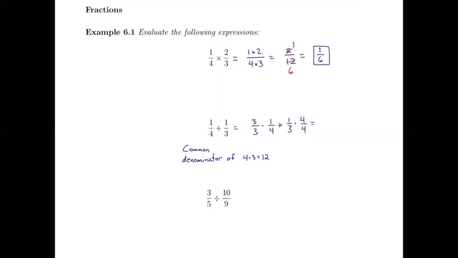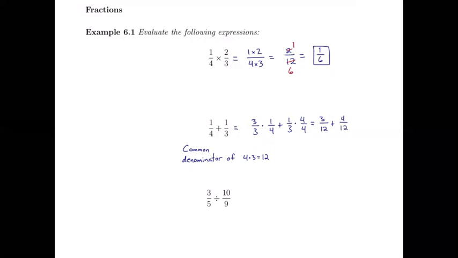So multiplying each of these fractions, numerator times numerator, denominator times denominator for all 4 of these positions, we have 3 times 1 over 3 times 4 is 12, plus 1 times 4 is 4, over 3 times 4 is 12. Now we have a common denominator.